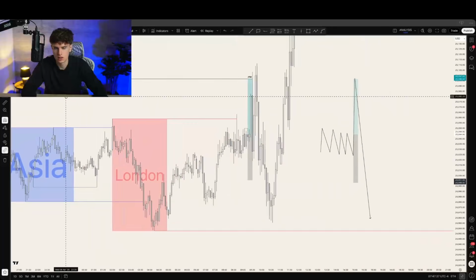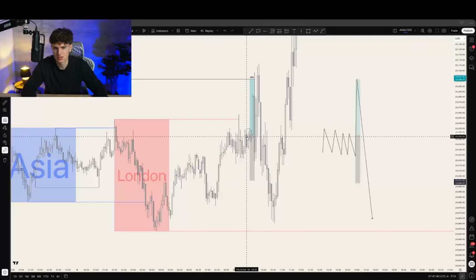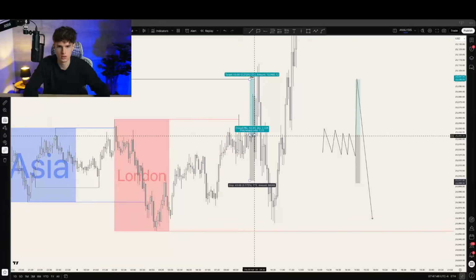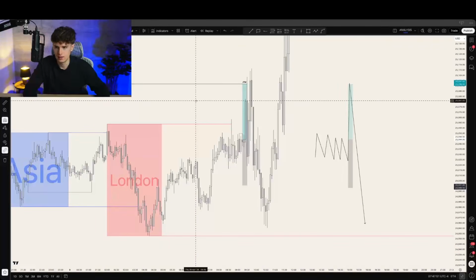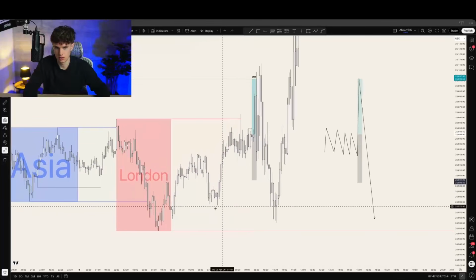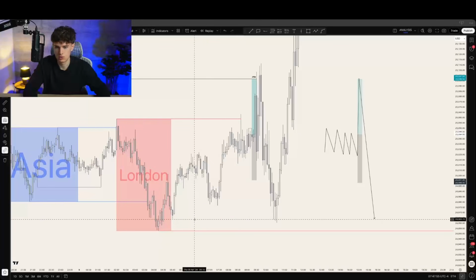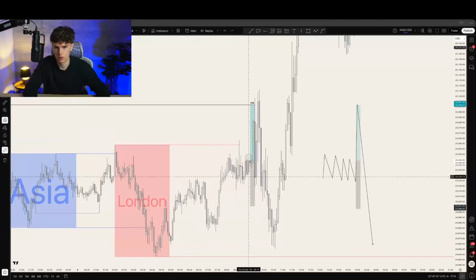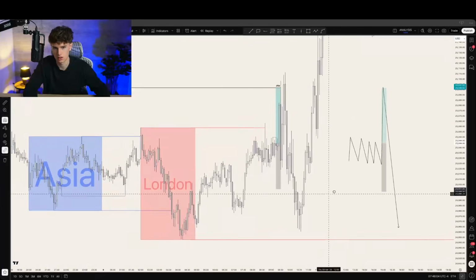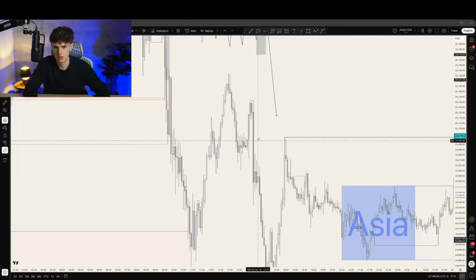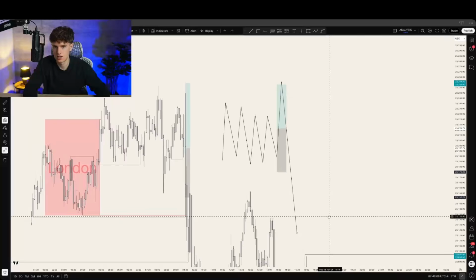Okay, so this is not an A+ version because, as I said, the A+ version is always going to be when we have a 15-minute, 30-minute, or 1 hour fair value gap to manipulate into and then distribute out of, because on this day I did have an extremely bearish bias, and therefore I wanted to see manipulation higher, and it did work out. But as we can see, the distribution lower, it didn't work out. Okay, but obviously I do not care about the distribution if I already catch the manipulation.